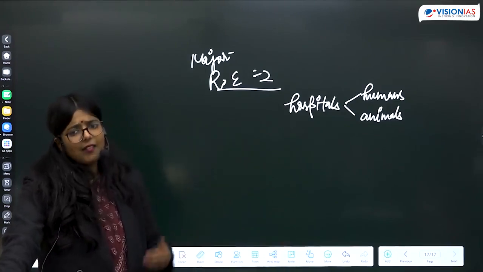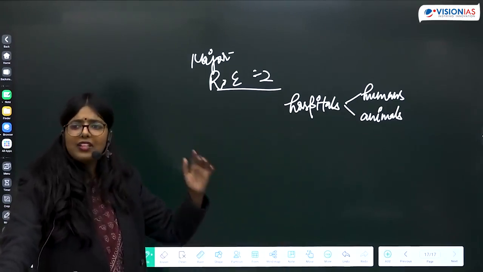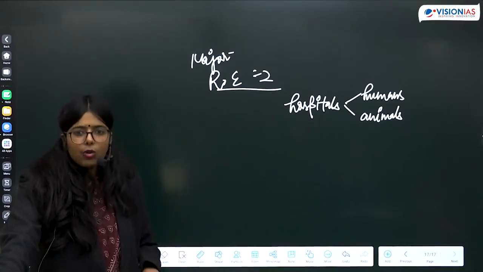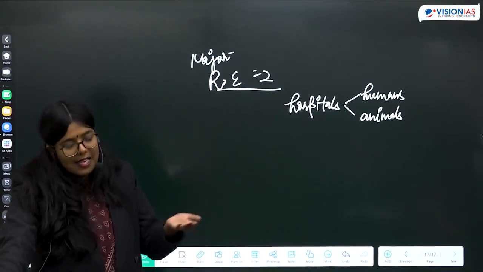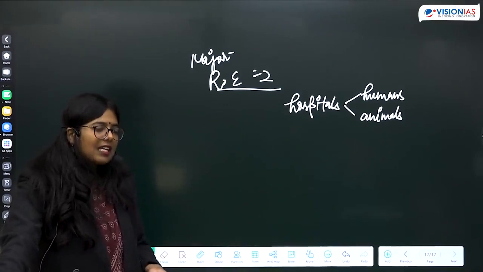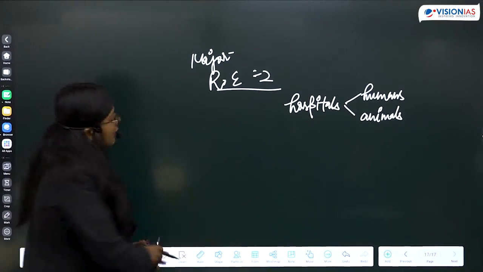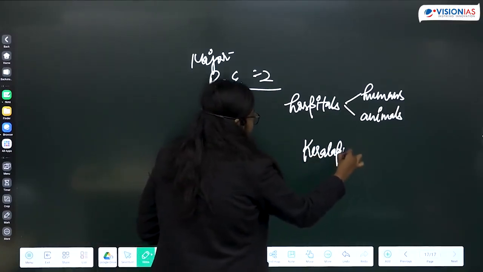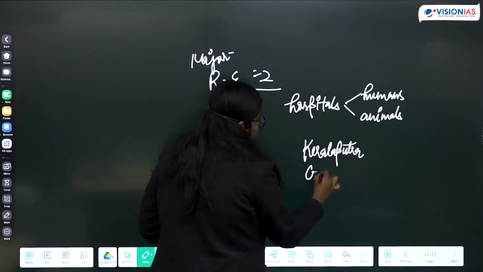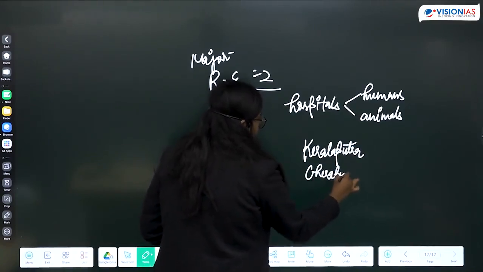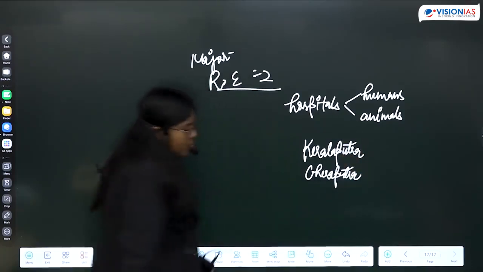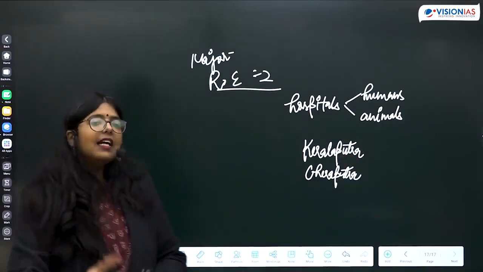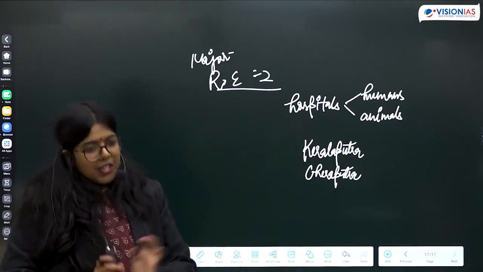Okay, what else does he tell us about in this particular inscription? He says that I have planted a lot of trees on the roads. Okay, towards the end of the second Rock Edict, he is saying that I advise the Kerala Putra as well as Chera Putra to do the same in their territory. Why am I mentioning it?